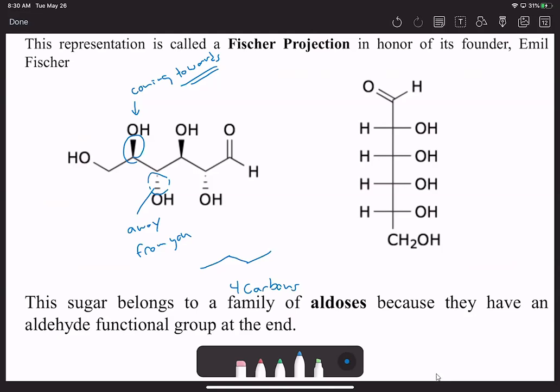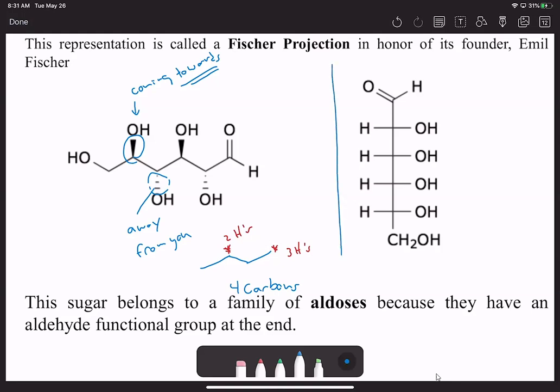I also assume that at this location, there's 2 hydrogens, and at the very end, there's 3 hydrogens. So these are assumptions that we make. So now we're going to make some new assumptions regarding these dashes and wedges.